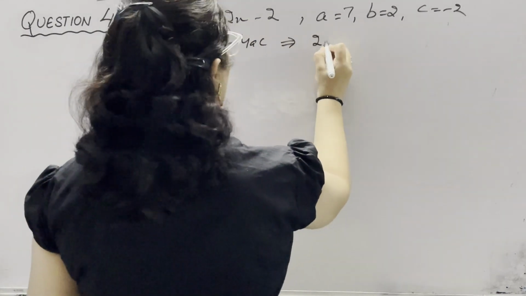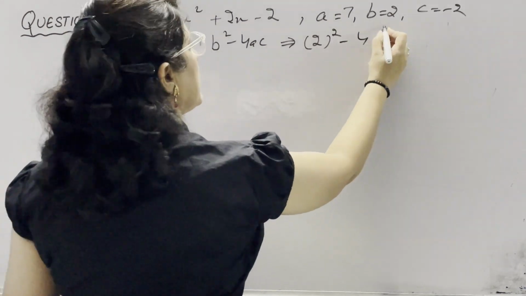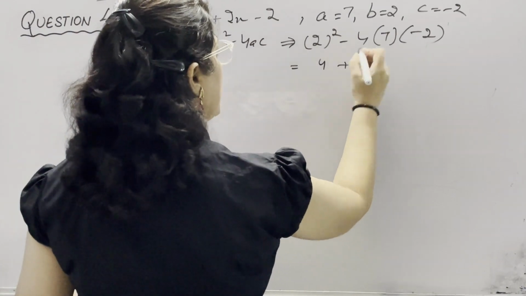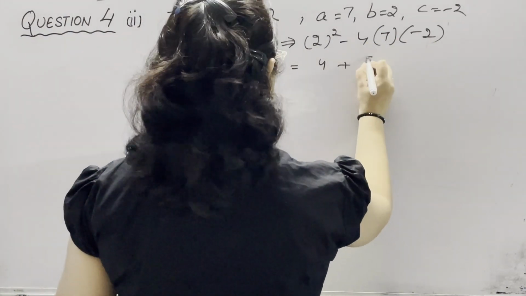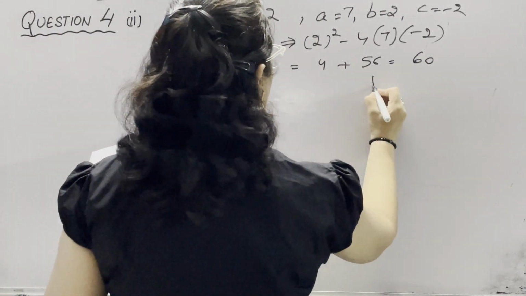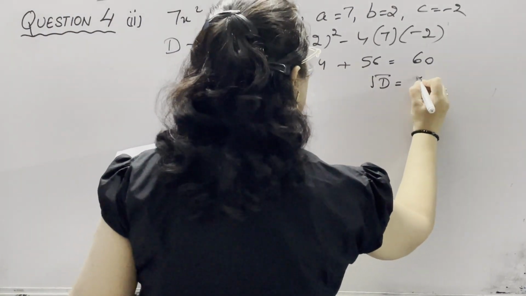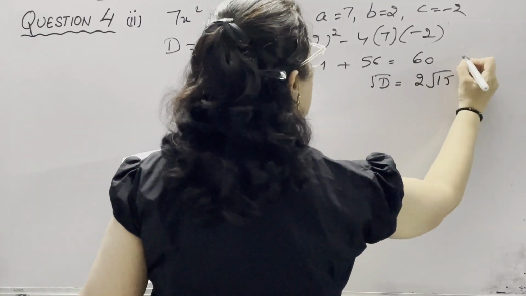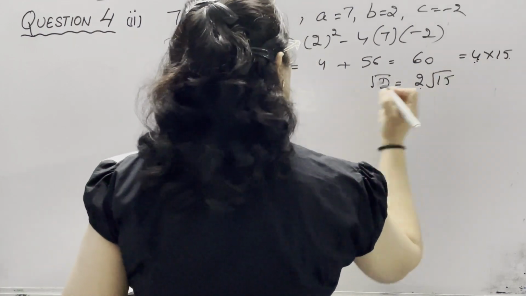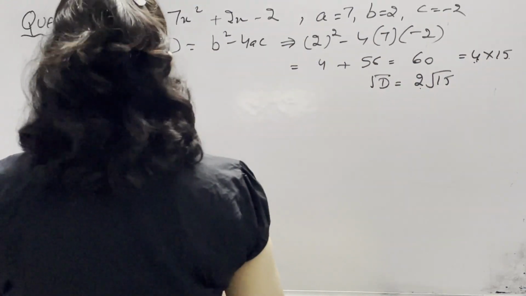Its value comes out to be 2 square minus 4, 7 and minus 2. 4 plus 56 means 60. And the value of under root d is 2 under root 15 because 60 can be written as 4 into 15, so 4 becomes 2 and comes out from under root.